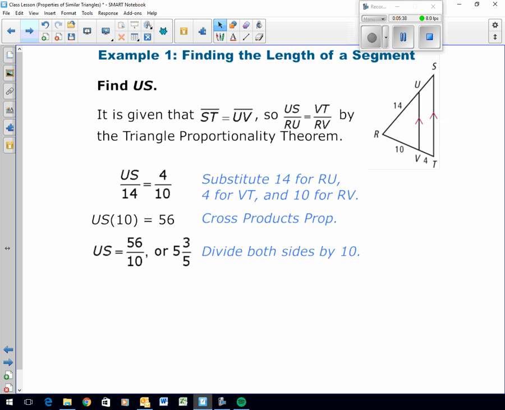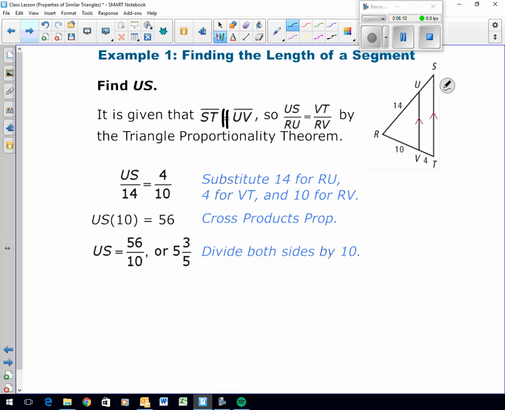Check it out. Assume that ST is parallel to UV. That means that US or SU over UR or RU, either way, is proportional to TV over VR, or the other way.